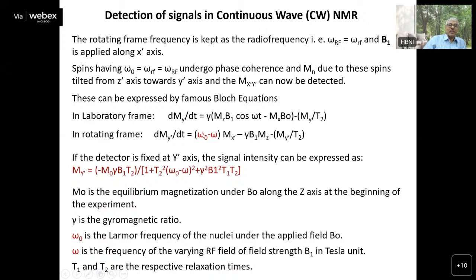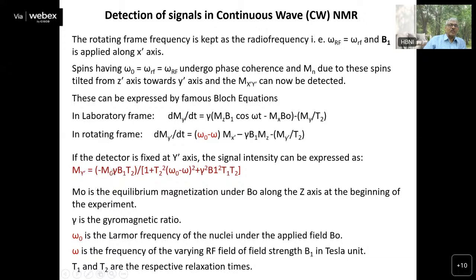Automatically you can see that when omega 0 and omega are the same, they are in perfect resonance condition. When they are different, they will be out of resonance, so there will be a difference in the signal. If you place the detector on the y-axis, the detector signal intensity is also given here, where My prime is related to various parameters.